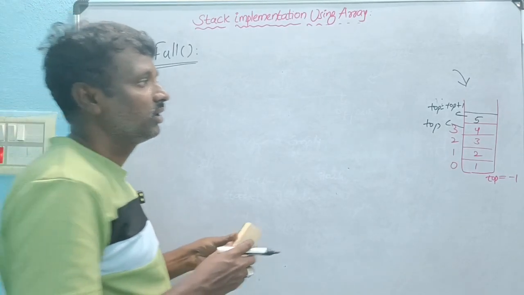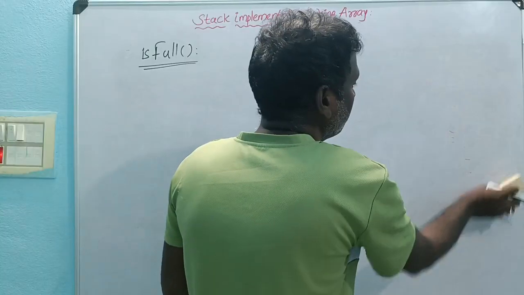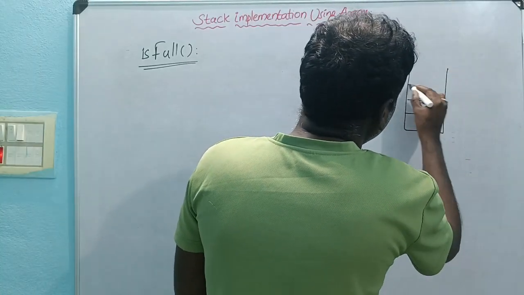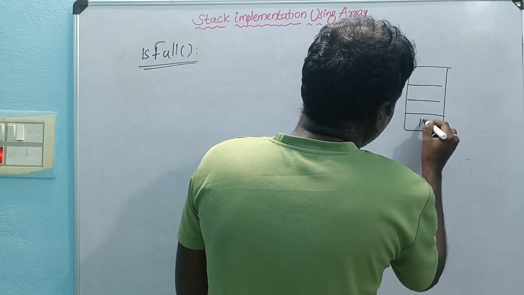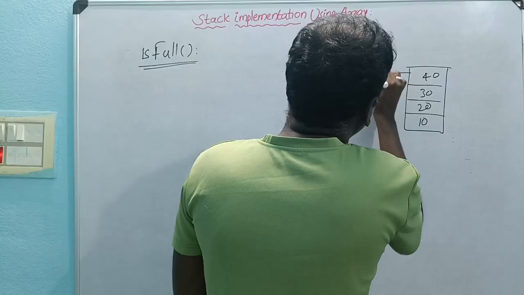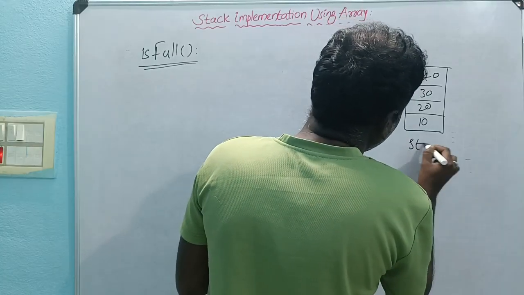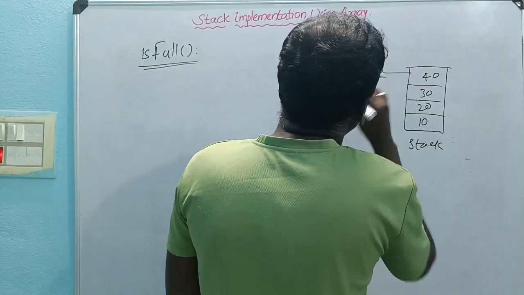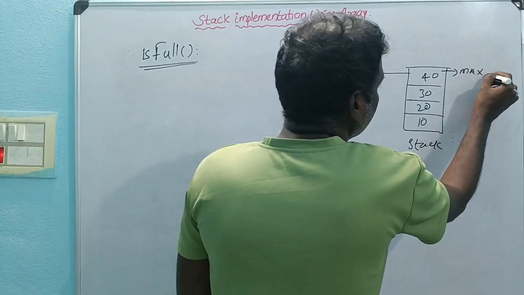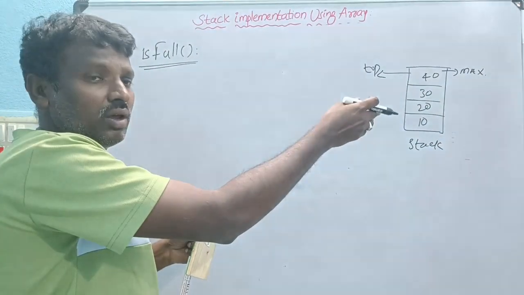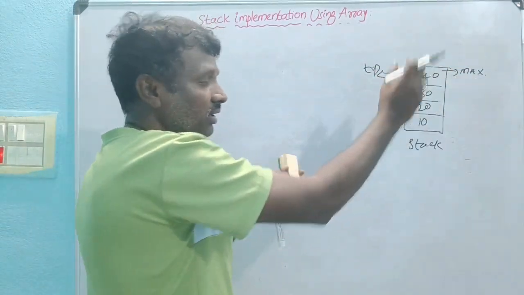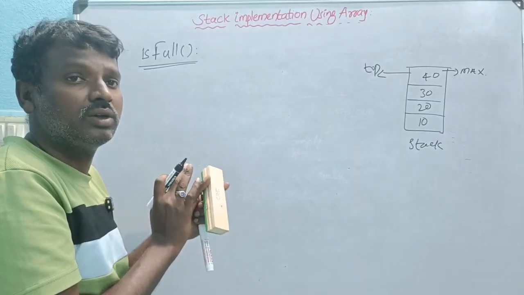Observe your diagram. This is your stack: 1, 2, 3, 4 with 10, 20, 30, 40. This is the top position, and this size is max. When top reaches the max position, your stack is fully loaded.